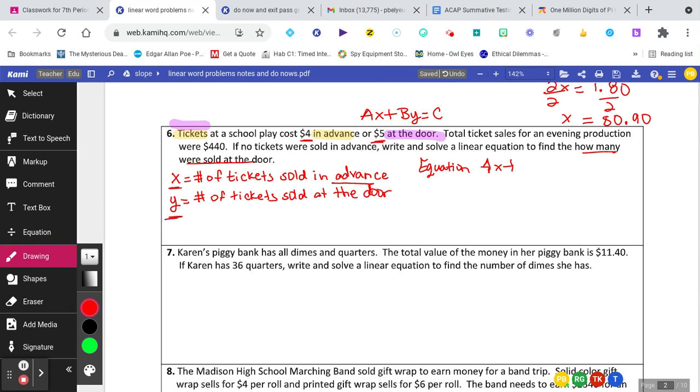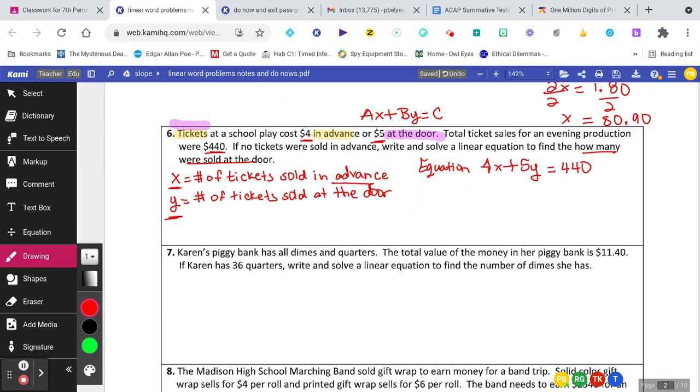Well, it's $5 at the door. So I'll put 4x plus 5y equals to what? Well, if it's $4 for X amount of tickets plus $5 for Y amount of tickets, I know the total cost after all those tickets were sold, the total profit was $440, or the total money made was $440.